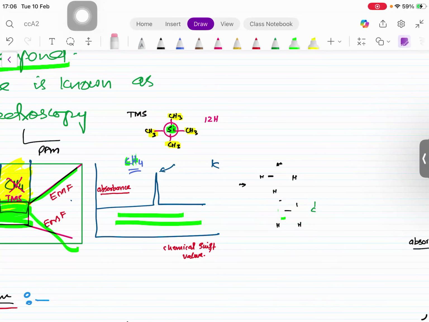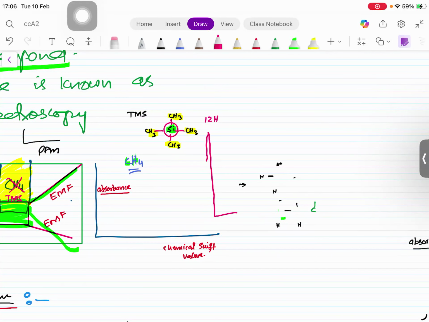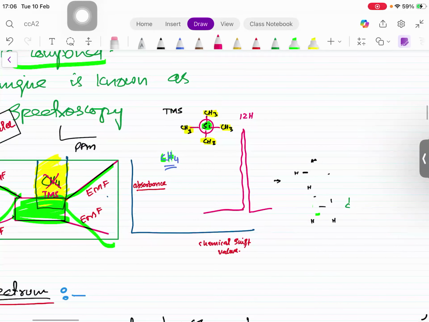How many hydrogens contributing that peak? 12. So therefore, this peak was huge, like this. And then because of more number of protons, okay? So area of the peak should be bigger, height or width, whatever. So we are now focusing on area. Now, this was a huge peak because how many hydrogens were contributing? 12.